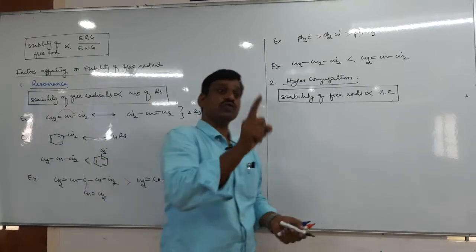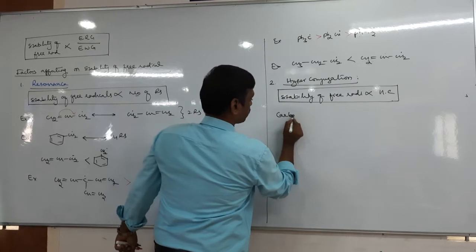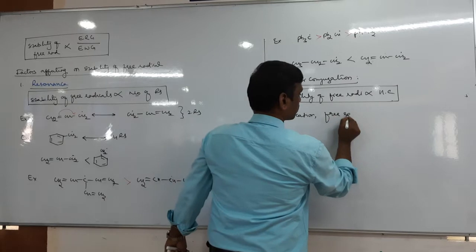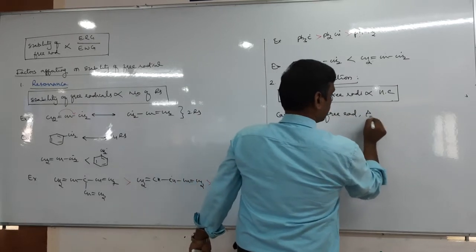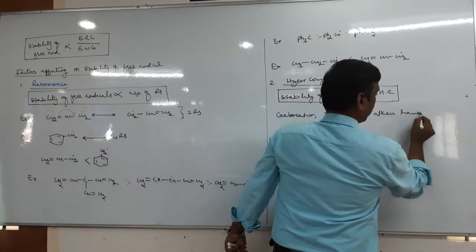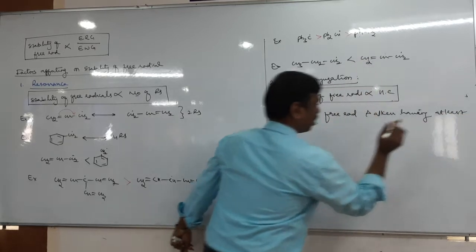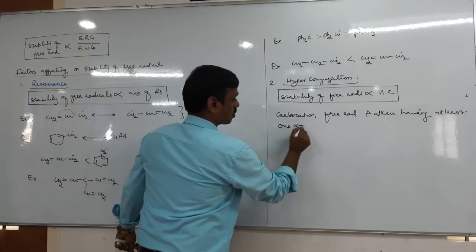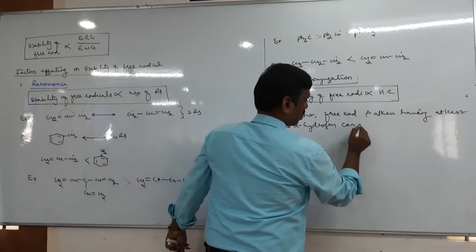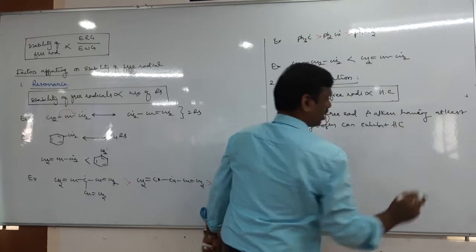The condition is having at least one alpha hydrogen. So a carbocation, free radical, or alkene having at least one alpha hydrogen can exhibit hyperconjugation.